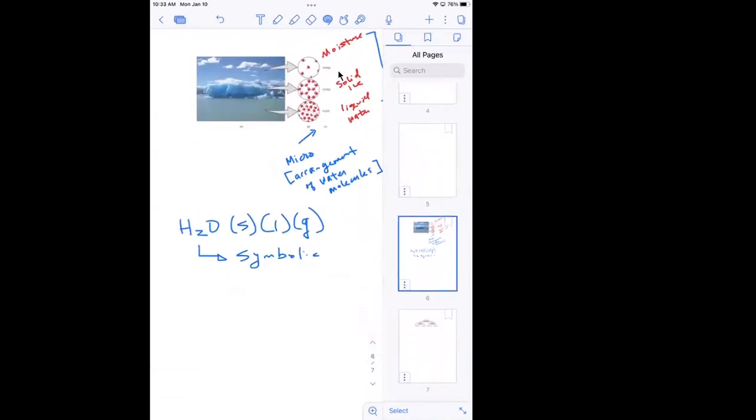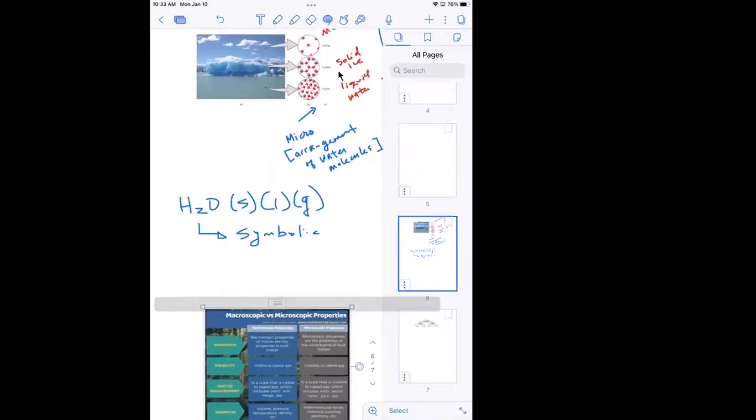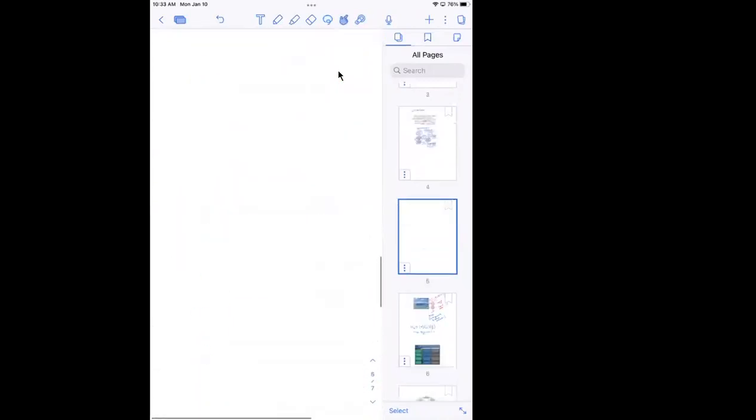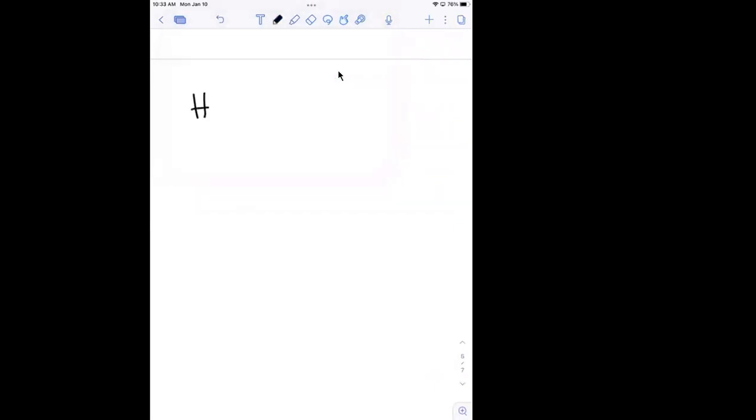And we're going to talk about all of that. So let me paste this here right quick, because we're going to use that diagram in a second. But now we're going to talk about how chemistry is studied.